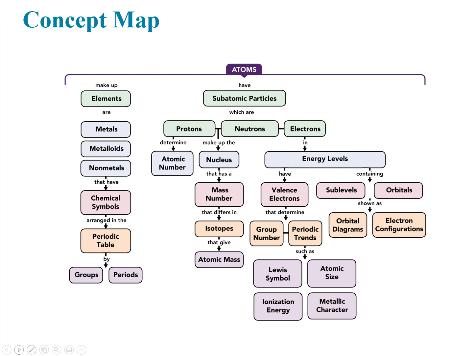So if that kind of thing helps you, go through this concept map and make sure that you understand the relationships between all of the different topics that we covered in chapter 4. It's a really big chapter. So you do want to take some time to make sure that you understand not just the individual concepts, but how they all link up together.